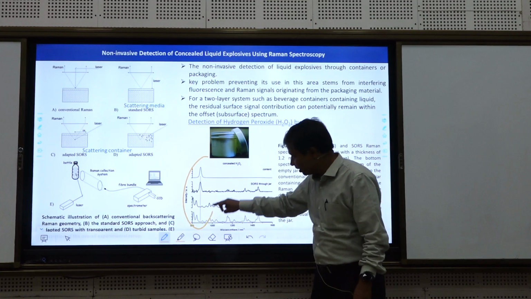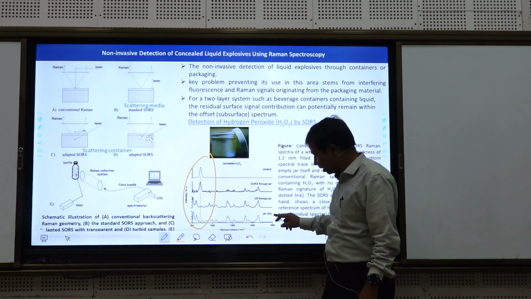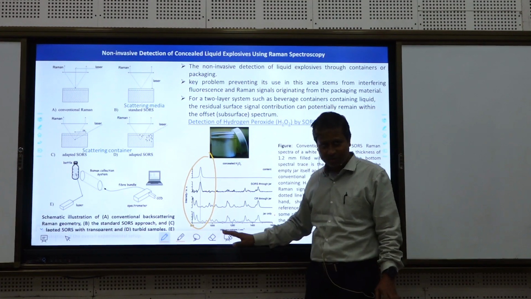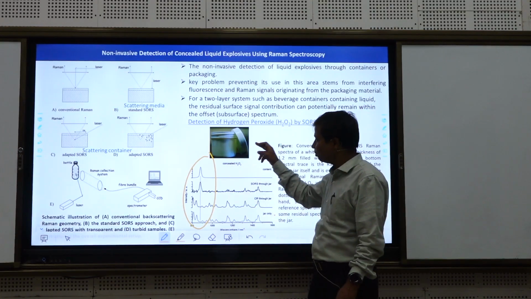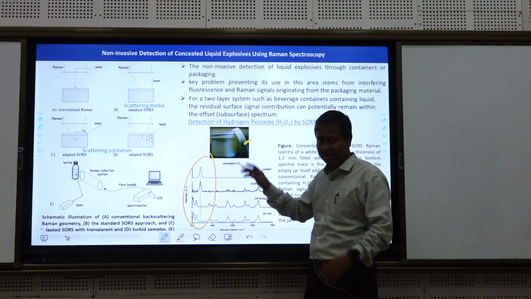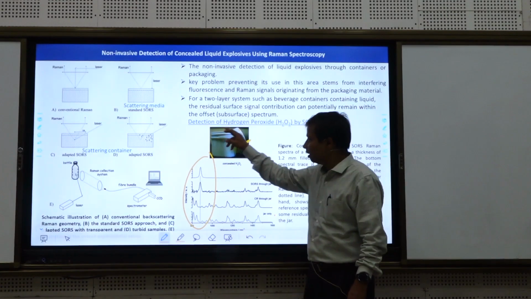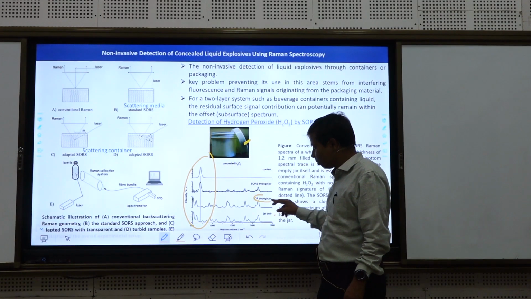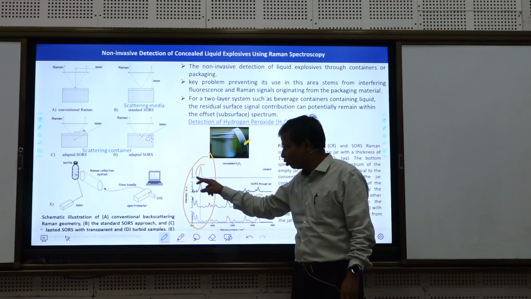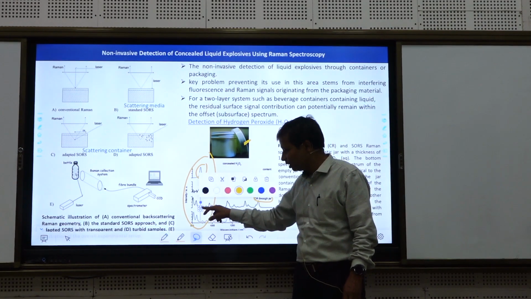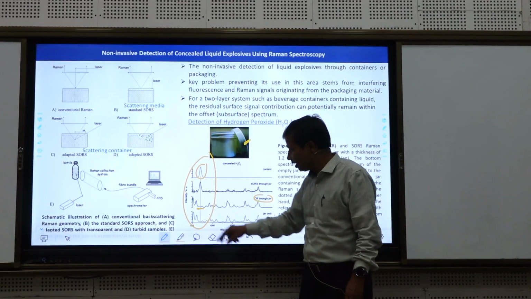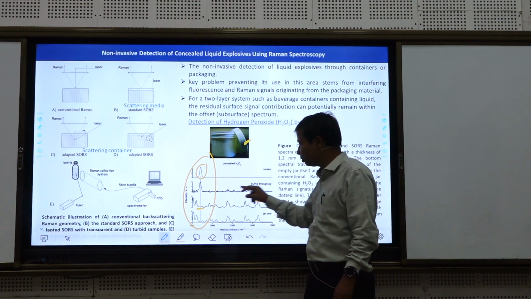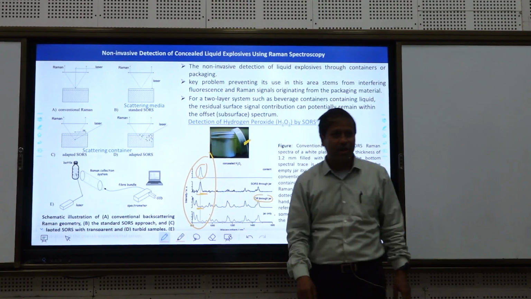So this part is interesting. This is the jar spectrum. Obviously we don't expect any H2O2 from the jar, which means only the material which is making the jar. But conventional Raman is not giving any H2O2 band here. You see, there is no band here, but the surface offset is giving you the band.